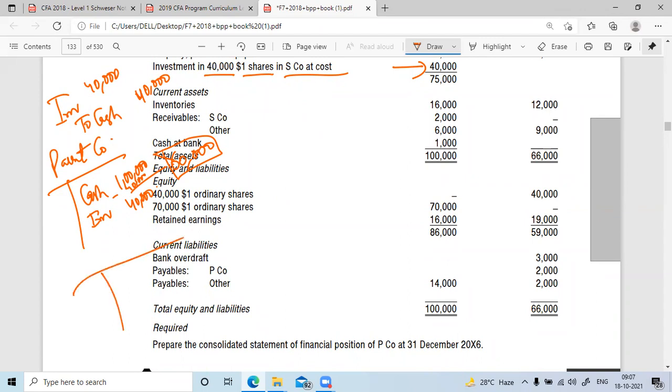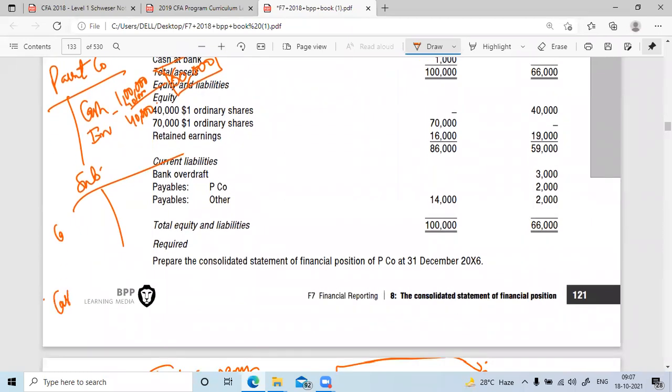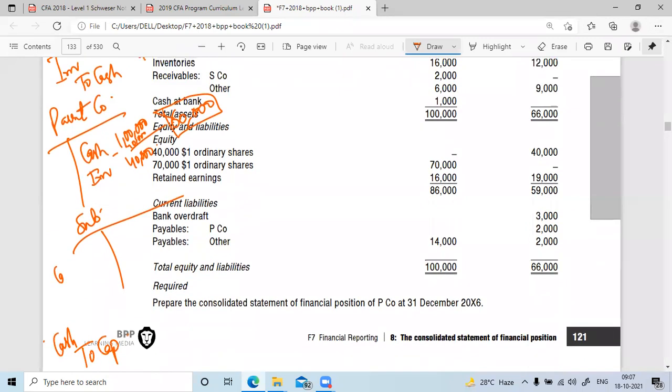Now subsidiary company. Subsidiary has capital. So for subsidiary, it is cash to capital, correct? Correct or wrong? So how much cash did they get? 40,000. And capital is how much? Correct?